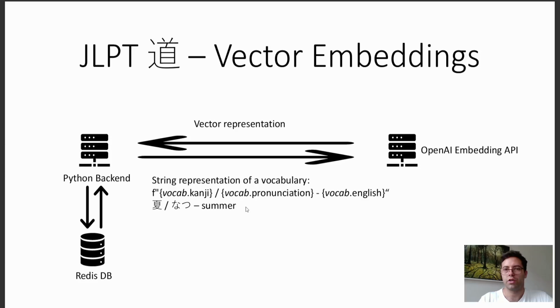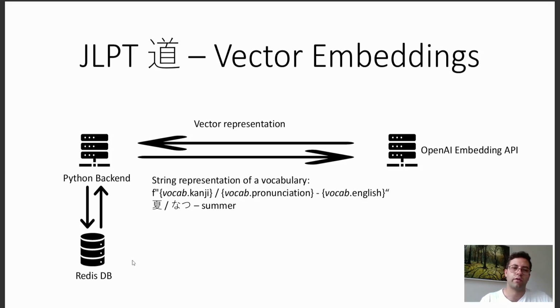This string representation is sent to the OpenAI embedding API, which we see over here. The embedding API returns a vector representation. This vector representation is also saved to the Redis database, so it can be accessed later on without having to call the OpenAI embedding API. So that's how JLPTDOU builds vector representations, vector embeddings of vocabulary.